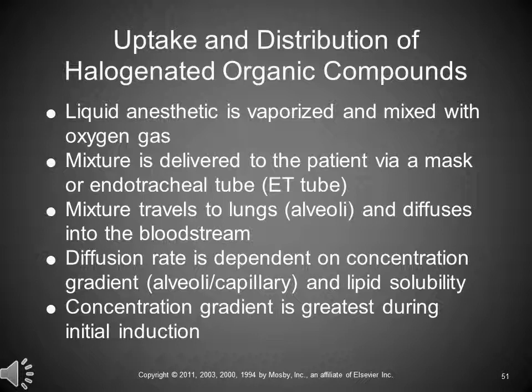The diffusion rate is dependent on the concentration gradient, or how many alveoli and capillaries, as well as the lipid solubility. The concentration gradient, that is, the anesthetic moving from the alveoli into circulation, is by far the greatest during initial induction, because there's the biggest difference in high levels and low levels.